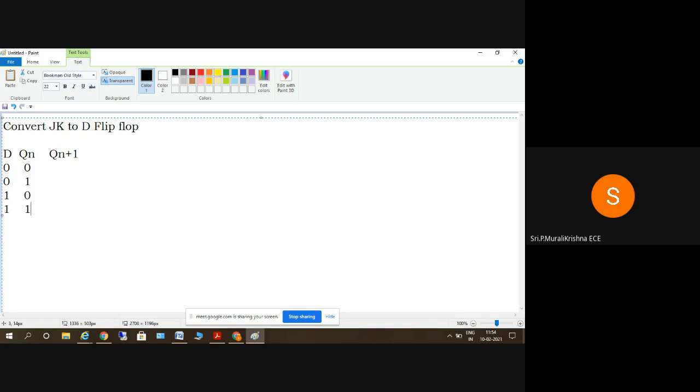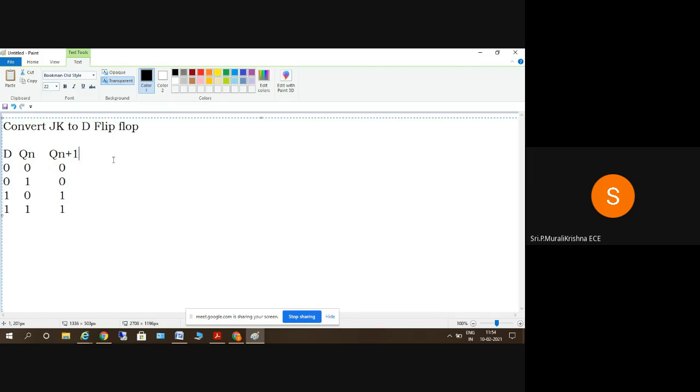Okay, so what is the value of Q of n plus 1? It is 0 0 1 1, because Q of n plus 1 is equal to D, right? Yes, sir. So we'll get those values here.